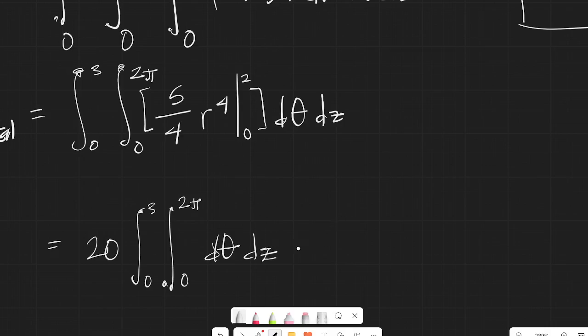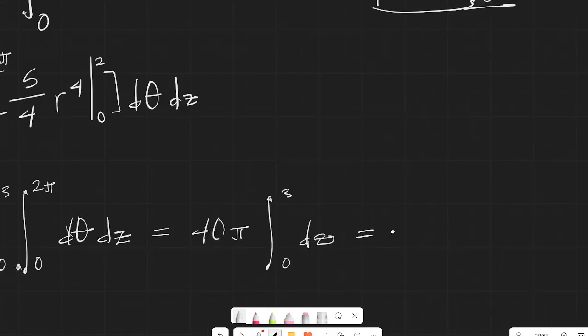This equals 40 pi. Now we're down to 1 integral, and that equals 120 pi, and that's coulombs.